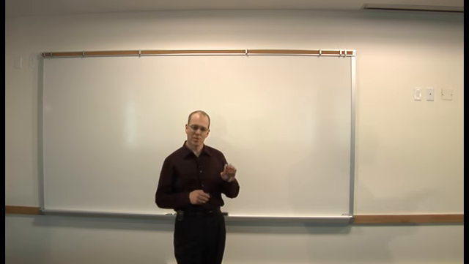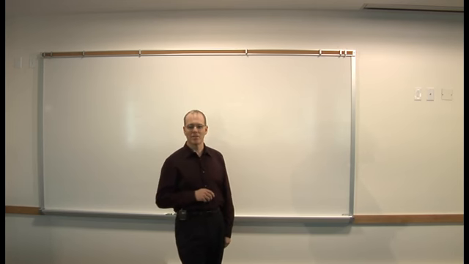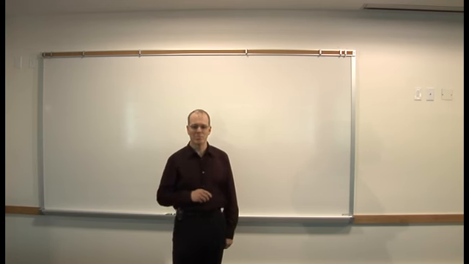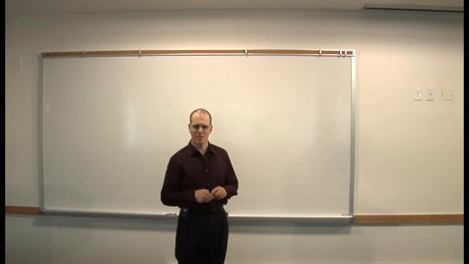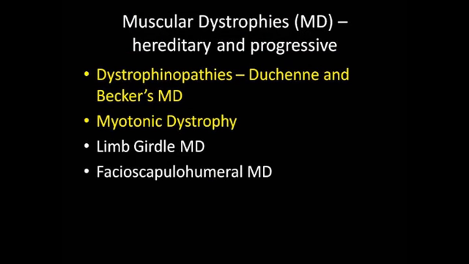And then we'll see as we go through some of the unique myopathies that some have some special, interesting additional features. All right, so as a big category of muscle disease, of course, we have the muscular dystrophies. And we'll go through three common muscular dystrophies: Duchenne's, Becker's, and facioscapulohumeral dystrophy.